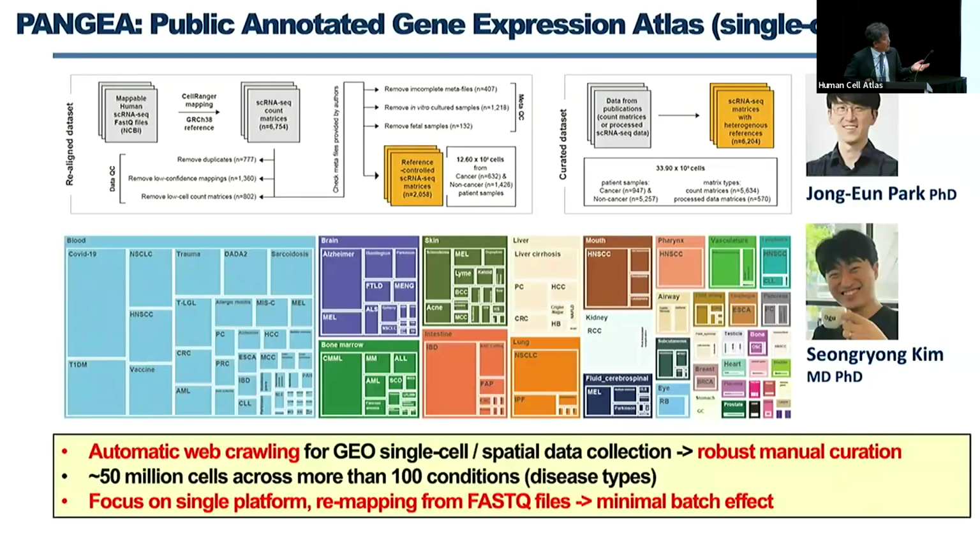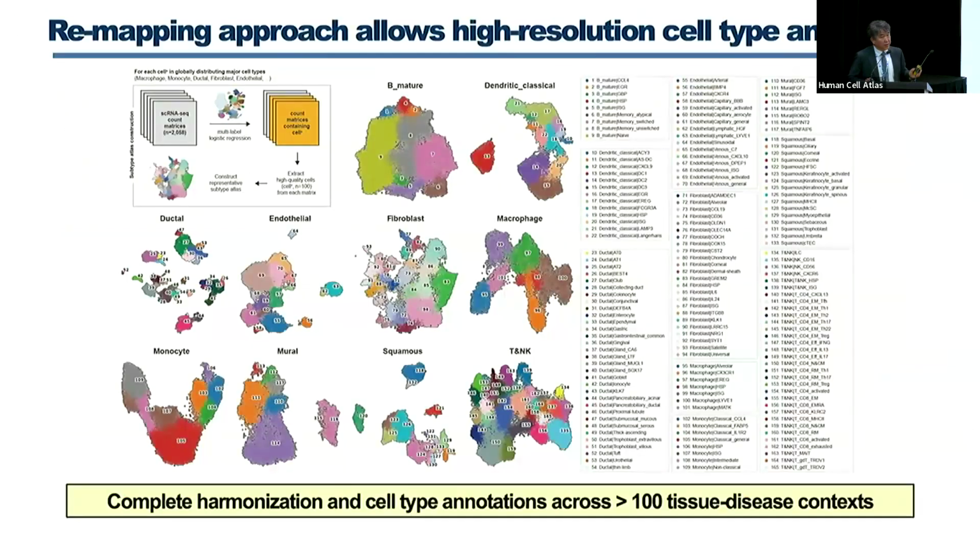And he then combined the curated data set without FastQ. So he could make good atlases. So he selected 10 cell types across all the tissues, and did the hierarchical cell type annotation, manual annotation.